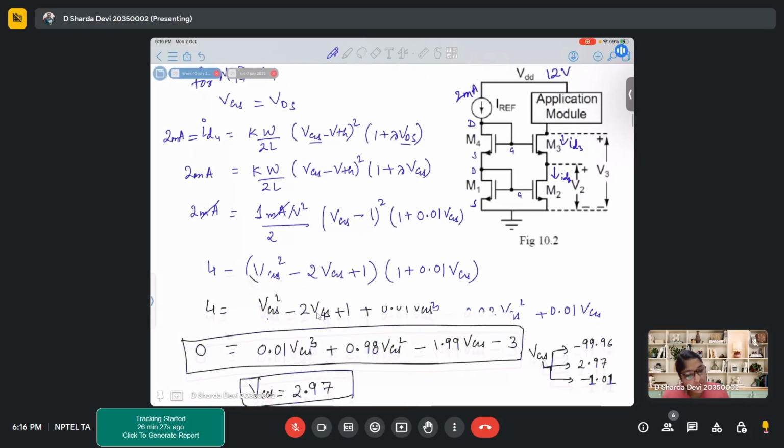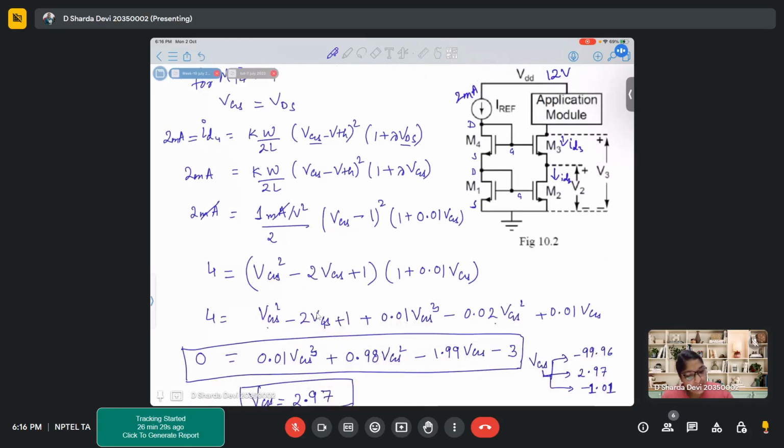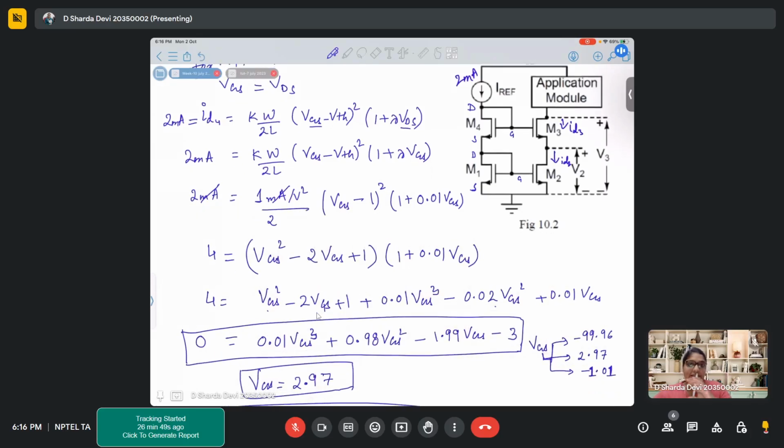Now, we also know that for transistors M1 and M4, VGS is equal to VDS. So similarly for the other side also, for transistors M2 and M3, VGS should be equal to VDS, so that your transistors are perfectly matched and the same current is mirrored.